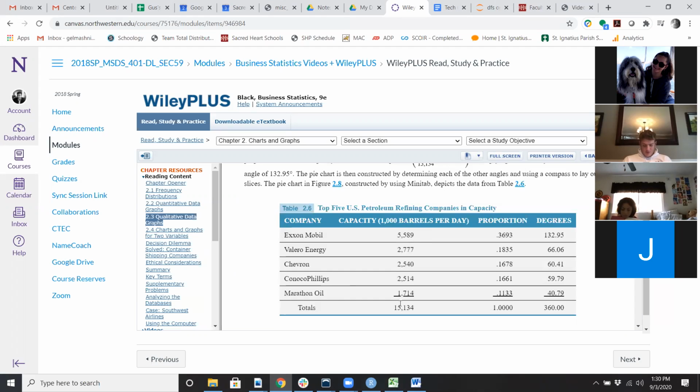So we add them up, figure out how many barrels of oil per day all 5 of these companies produce, or maybe refine, I don't know exactly what's going on here. Then we look at the percentage you can attribute to each of those companies. So ExxonMobil does 37%, Valero does about 18.35%, and these other ones a little bit lower. And then for a pie chart, because a full circle is 360 degrees, each is being multiplied by 360.